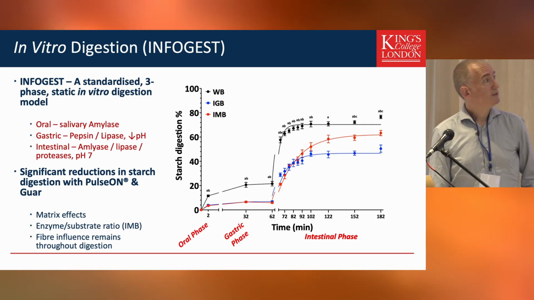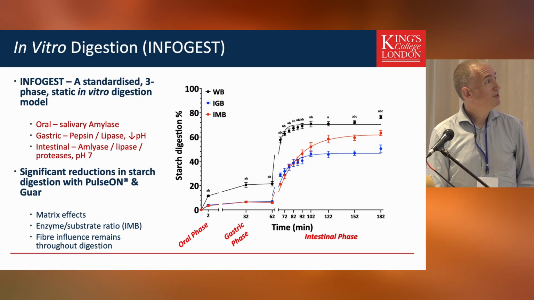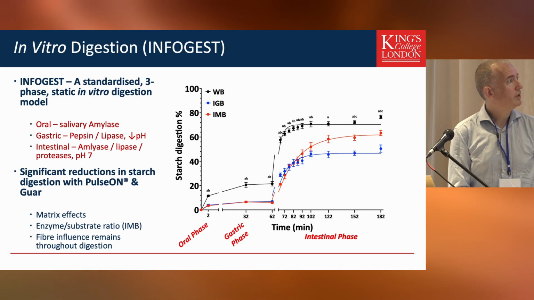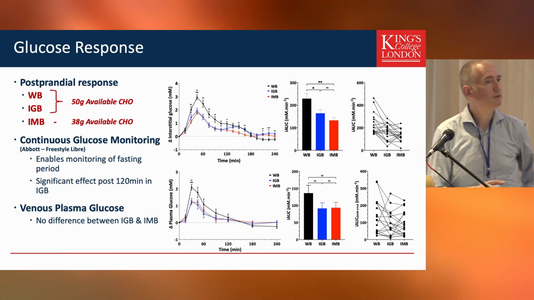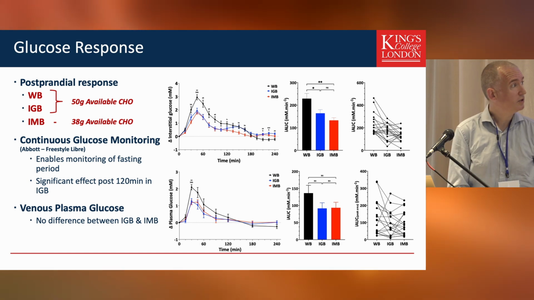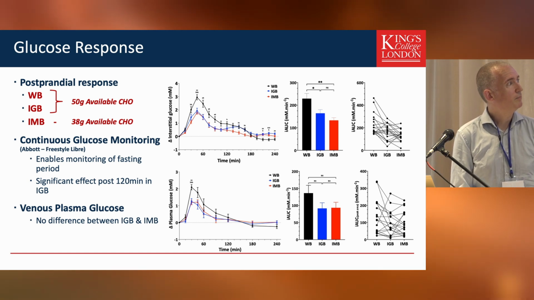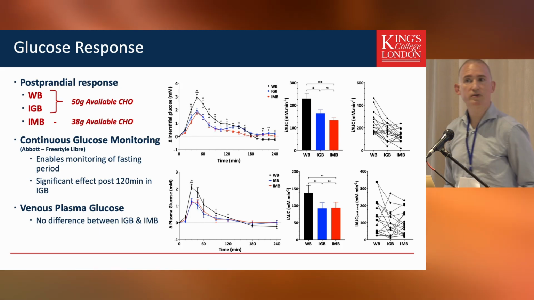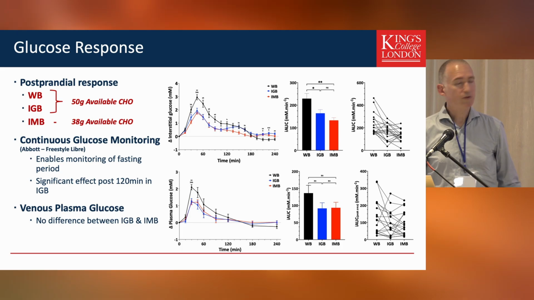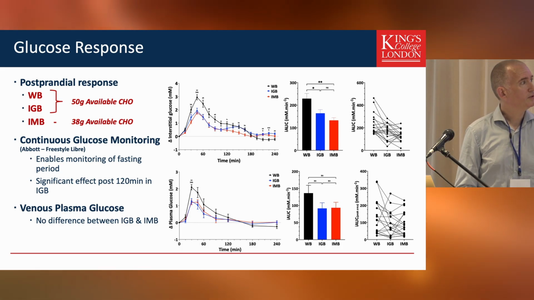So when we fed these bread rolls to some humans, we did a postprandial study where they were fasted overnight, came in, ate a meal with 50 grams of available starch carbohydrate, and measured the plasma glucose and insulin over a 4-hour period. For the glucose, we did it in two methods.